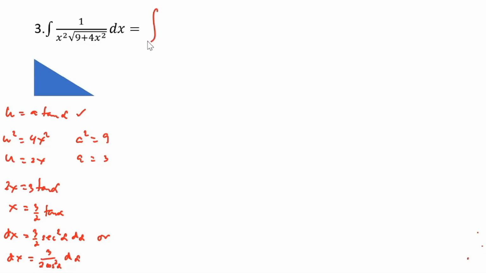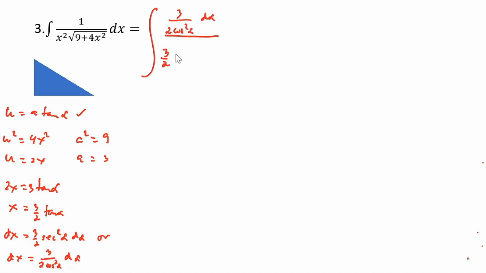So now we are going to rewrite the given. We have 1 times dx, which is just equal to dx. So I will write dx as 3 over 2 cosine squared alpha d alpha, all over the denominator x squared, wherein the meaning of x is 3 over 2 tangent alpha.